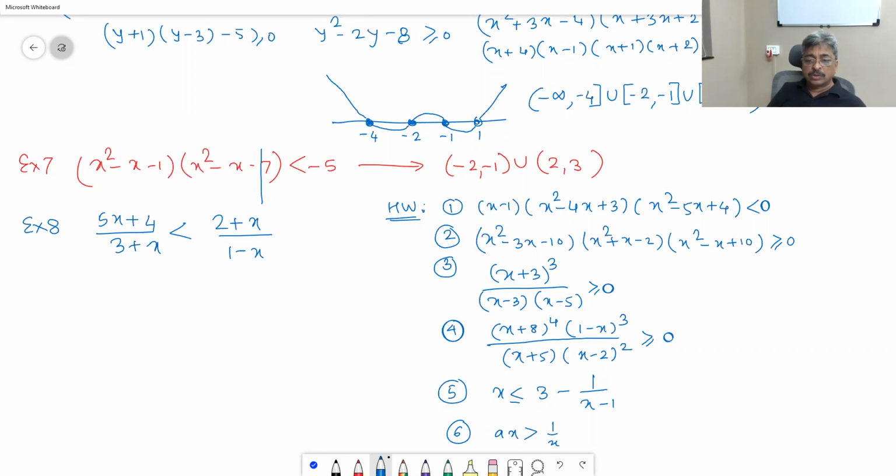So write down the 6 problems for homework. Solve these inequalities. Find the solution set. That is the statement of the problem. And if you cannot solve this problem today, then that is also homework. We will discuss it in the next lecture.